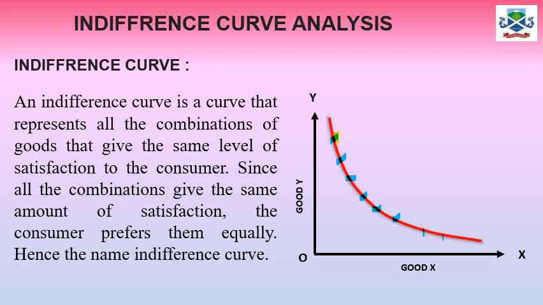That's why the consumer is indifferent in selecting different combinations of the goods, because all the combinations give the same level of satisfaction. And that's what the indifference curve is talking about. As I have drawn here, it slopes downwards to the right and is convex to the origin, and why that is, we'll learn later.